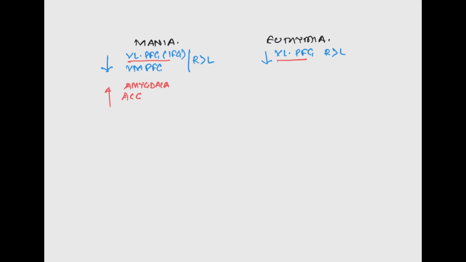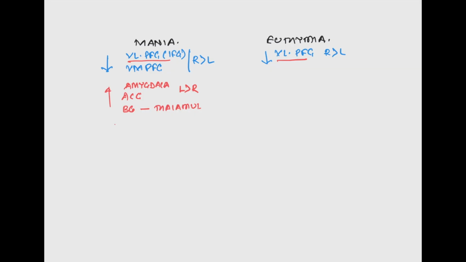So there is a decrease in the functional connection between the anterior cingulate cortex as well as the amygdala. Here, the left side is affected more than the right side. There's an increase in the functional connection seen between the basal ganglia and the thalamus, which we know is responsible for psychomotor agitation, as well as increase in the goal-directed behavior.